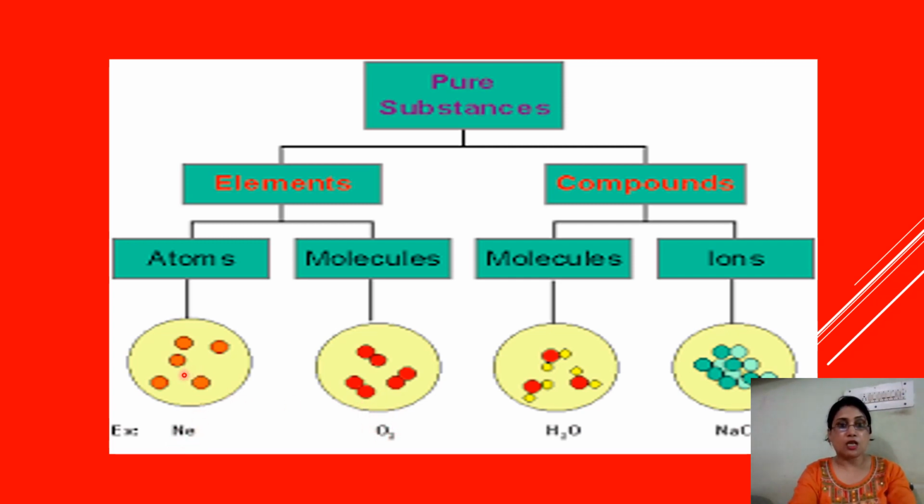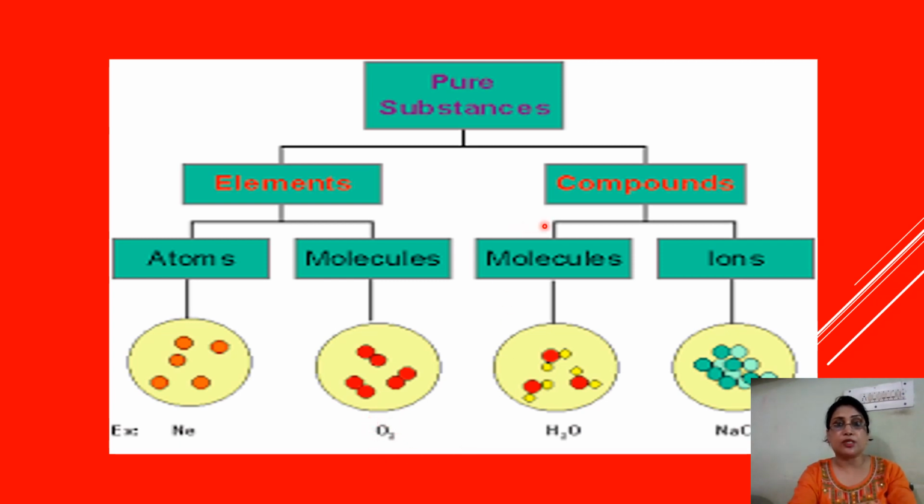These are the same kind of atom, same kind of particles. Elements, pure substance, elements, same kinds of atoms or molecules. Molecules means this, if it is oxygen, it is O2. It is not like NaCl or H2O or H2SO4. Those are also molecules, but here we are talking about the same kind of particles.